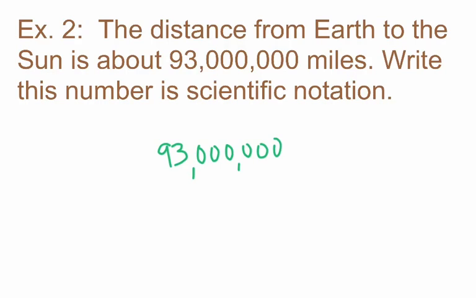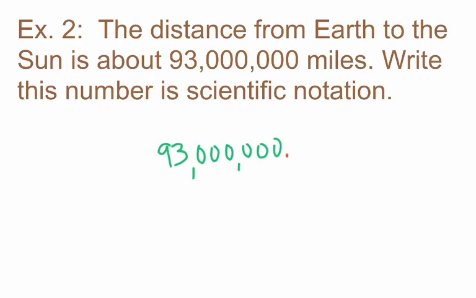And what we're going to do is identify where the decimal place is, and also where the decimal place is supposed to be when we're writing in scientific notation. Right now, our decimal place is behind the last 0, but we want it to go between the 9 and the 3 because we want just that single digit number in front of the decimal.